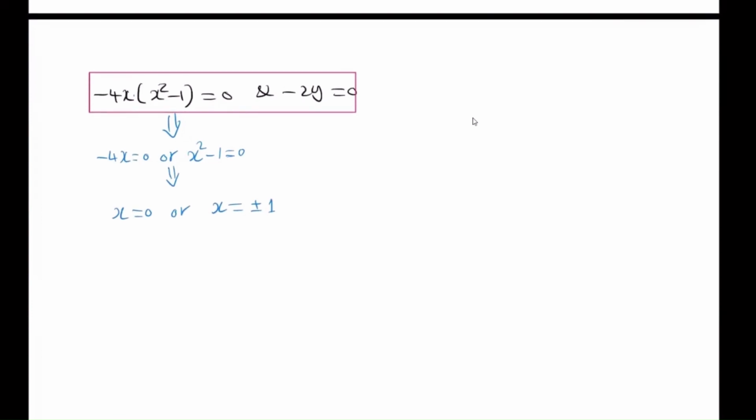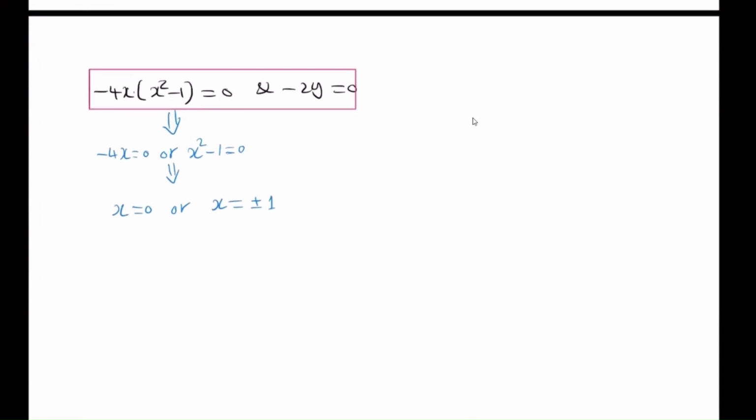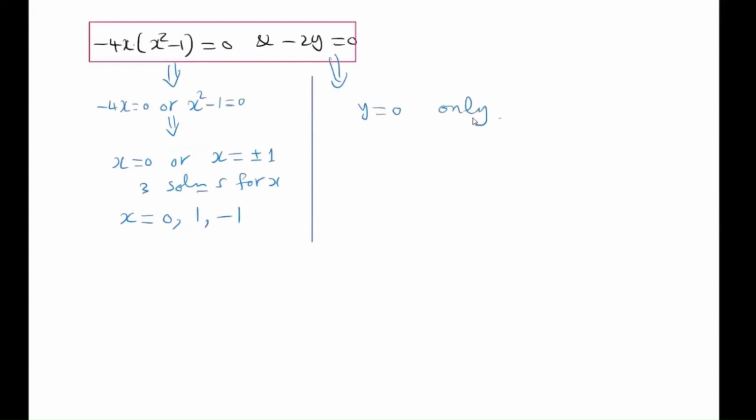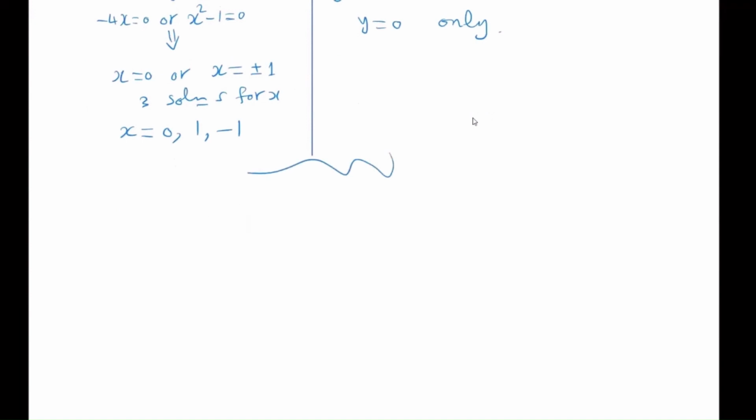So we have 3 solutions for x. x equals 0, 1, negative 1. What about y? I think only 0. Yes, sure. y equals 0 only. Okay. Now combine these solutions.